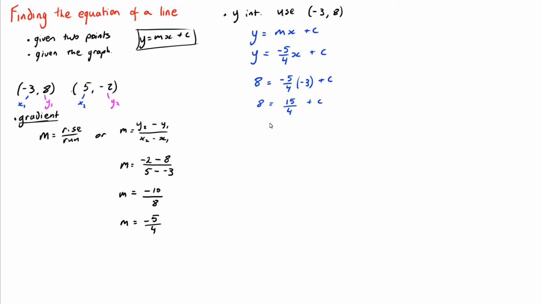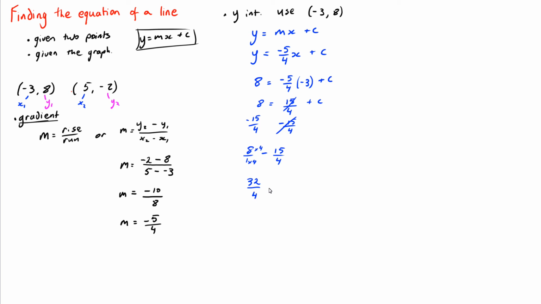And now if I subtract this from both sides, that cancels out. 8 minus 15 on 4. We're working with some fractions. I'm going to put the 8 over 1 because I need to make the denominators the same. So if I multiply the bottom by 4, I can multiply the top by 4. 8 times 4 is 32.